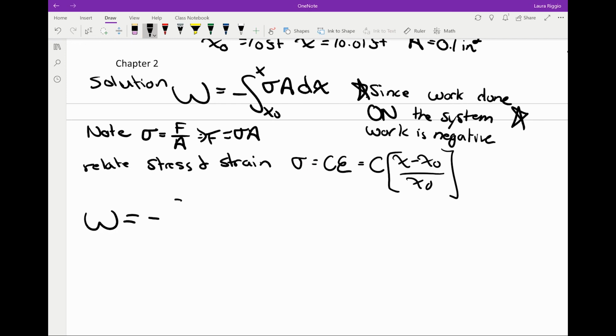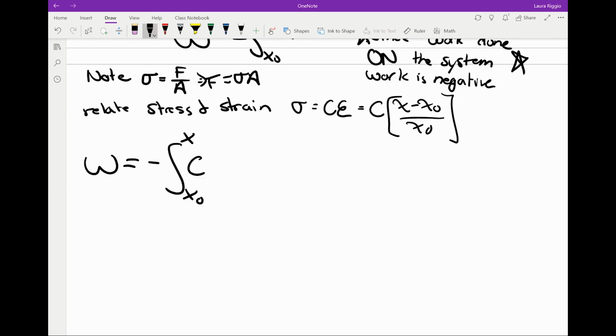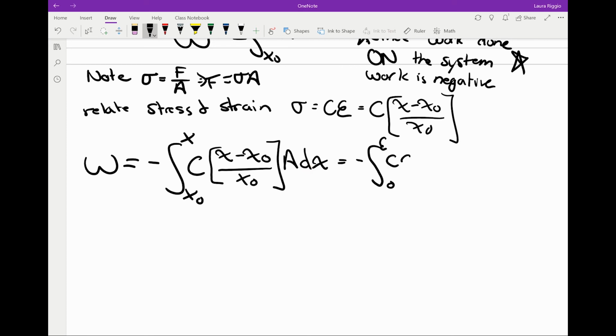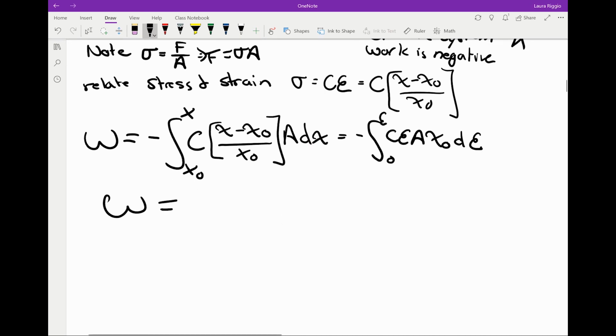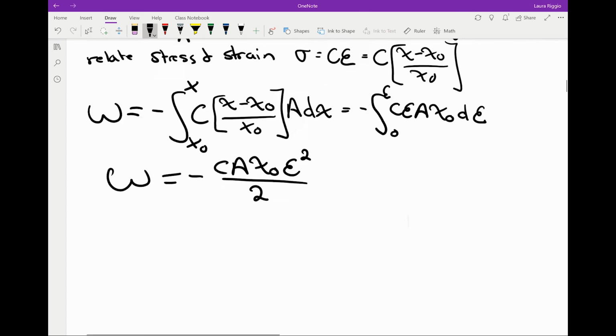So I'm going to have my work is minus my integral from x naught to x of C (x minus x naught) over x naught times A dx, which is equal to minus the integral from 0 to epsilon of C epsilon A x naught d epsilon, which is equal to minus C A x naught epsilon squared over 2.